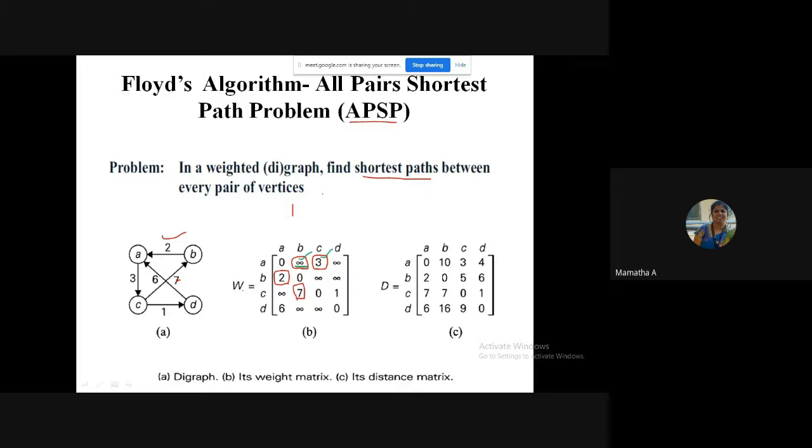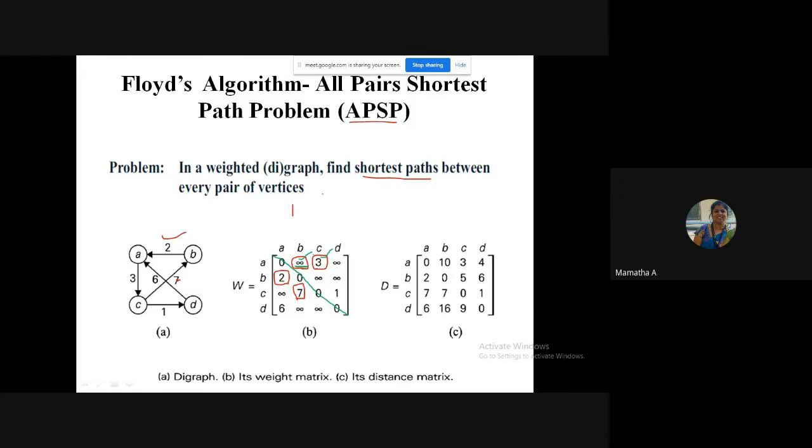And you can also observe the diagonal elements. What do we write in the diagonal elements? 0. So remember, what do these diagonal elements represent? Self loops. If there is no self loop, you should not put infinity, you should put zeros.